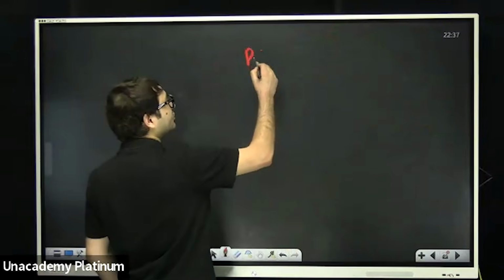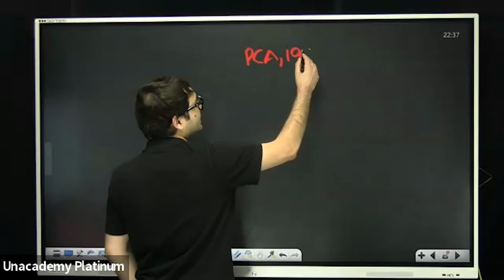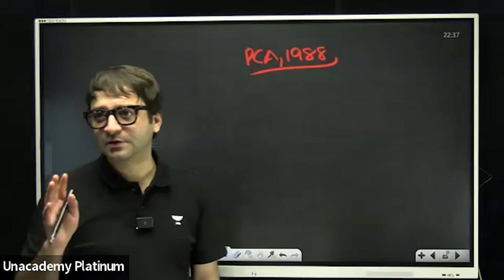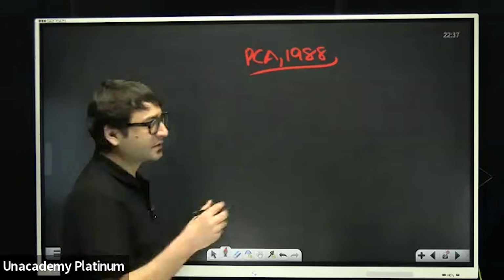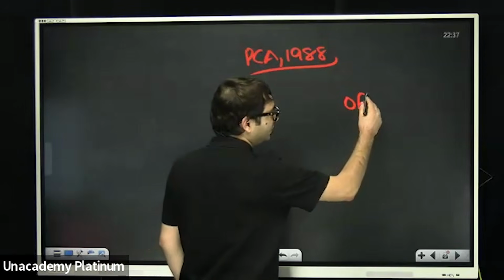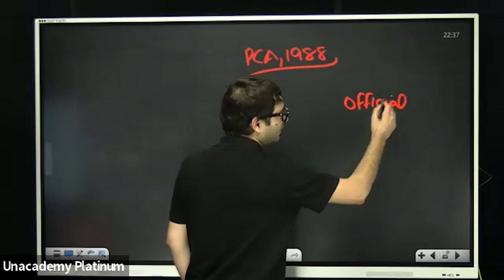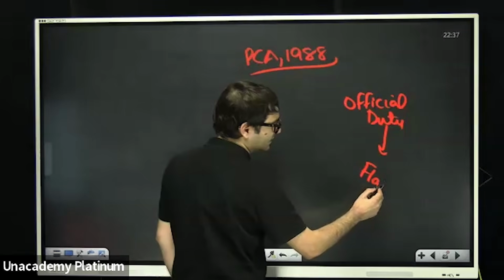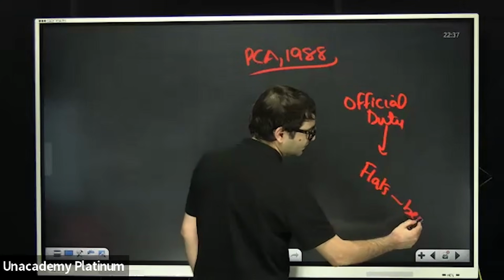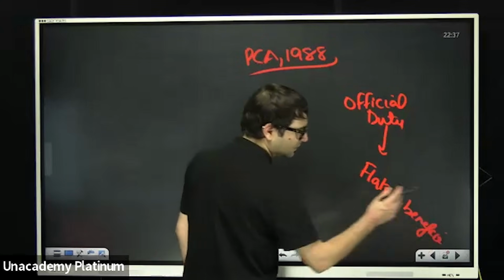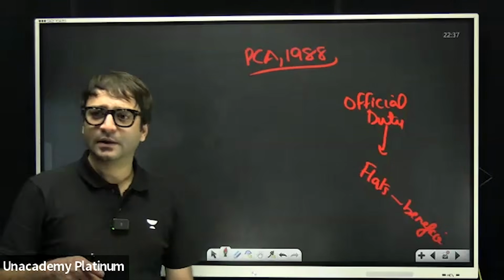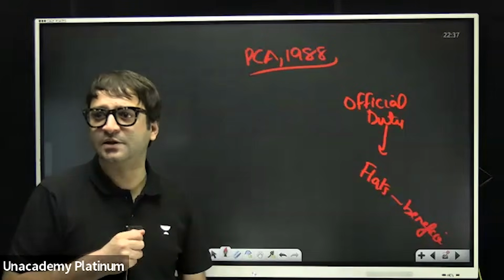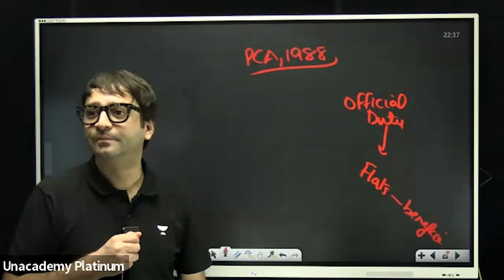Public servants under the Prevention of Corruption Act 1988. For example, tomorrow, Rishabha, you become an IAS officer, and as an IAS officer, you have to discharge your official duty. Your official duty is to allot flats to beneficiaries, and you are doing your duty. Now, Siddhant approaches the police and says, file a case against Rishabha because she has indulged in corruption.